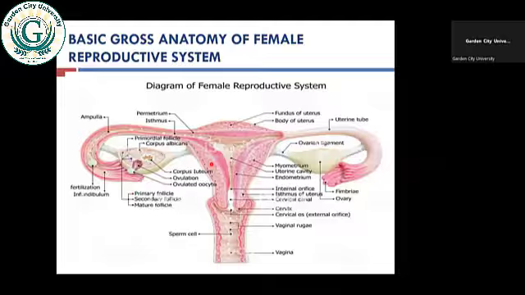If you had forgotten about it, get the drawing, draw it and know it. Know that this is the uterus, and this is the fallopian tube, that there are two fallopian tubes. And then we have the cervix, we have the vagina. So get the diagram and read about it.